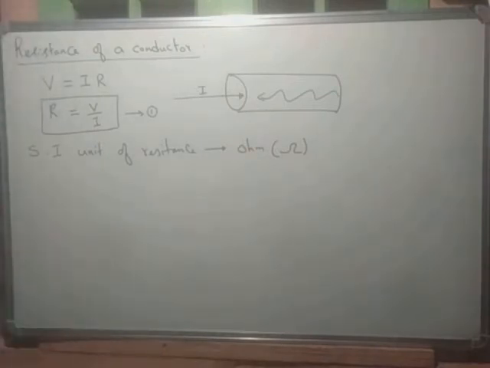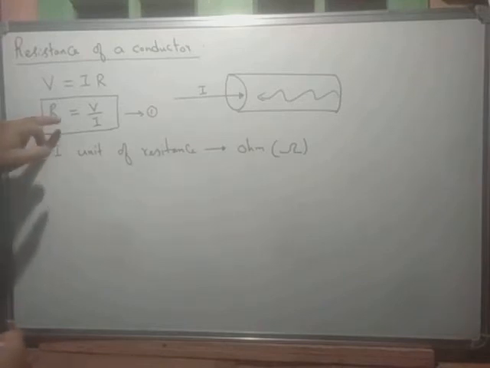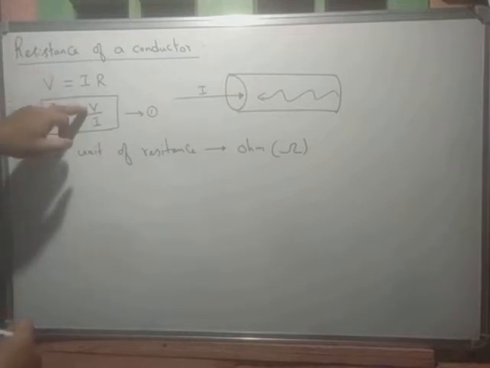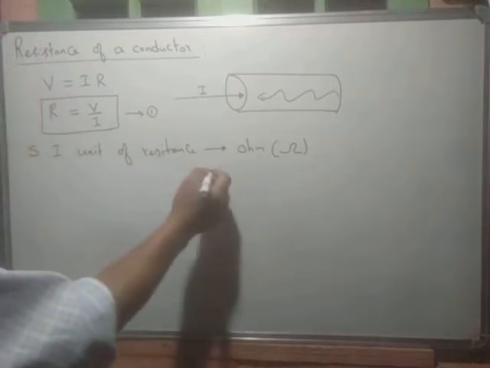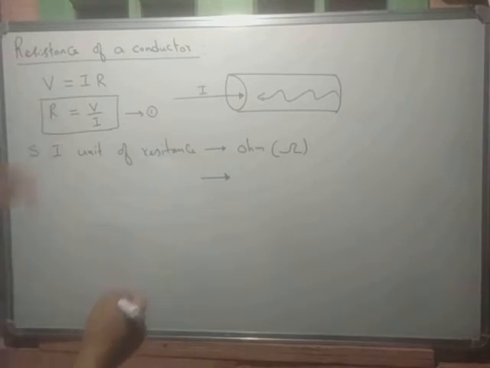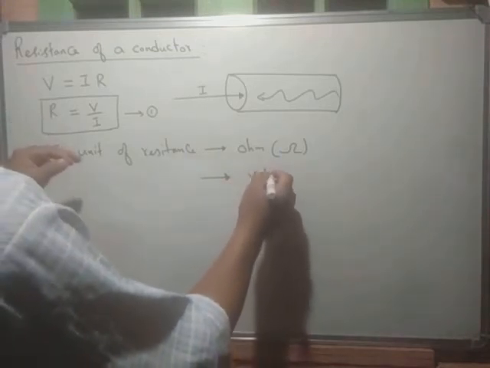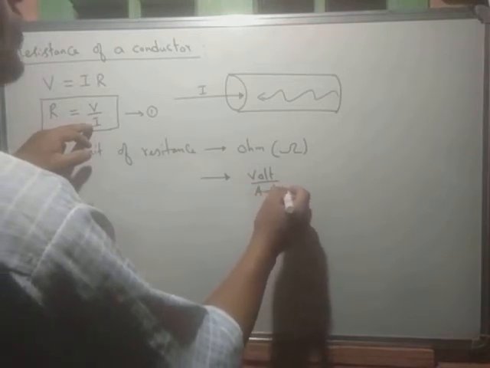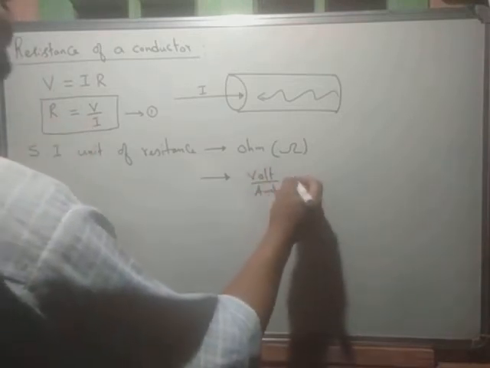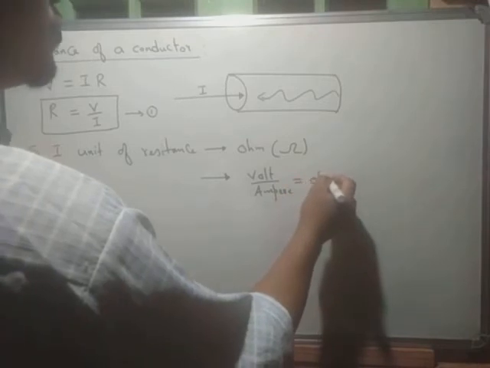When you look at this equation 1, the SI unit of resistance can be obtained by substituting the units of potential difference and current. So from this equation I can say the SI unit of resistance is volt per ampere. So this volt per ampere is equivalent to ohm.